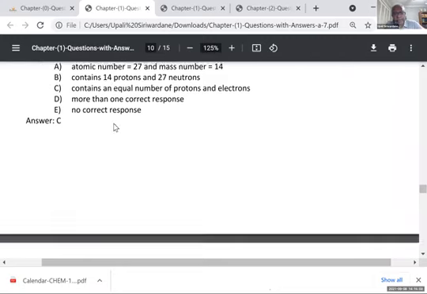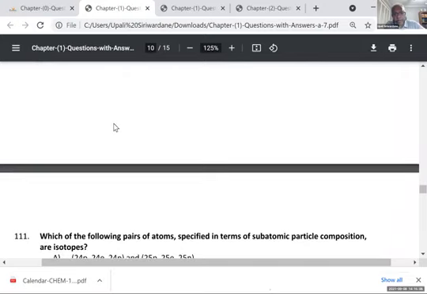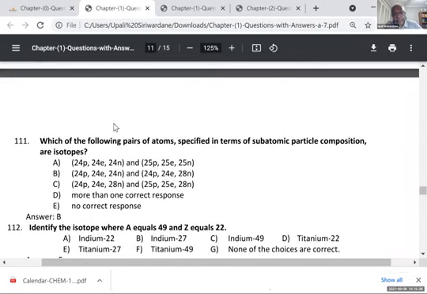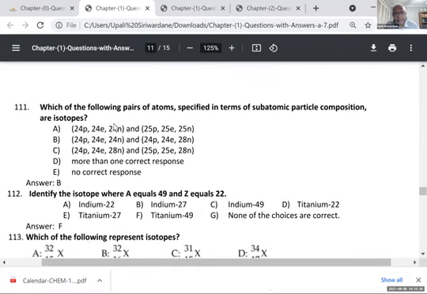Number 111. Which of the following pairs of atoms, specified in terms of subatomic particle composition, is isotopes? You are given proton numbers, electron numbers, neutron numbers.